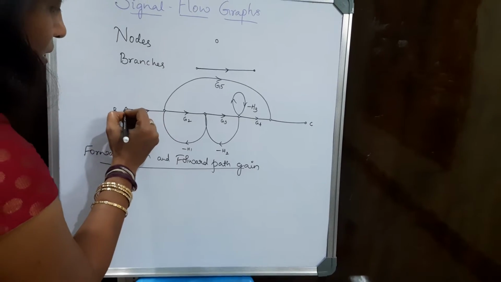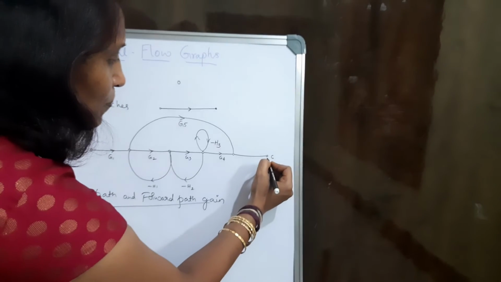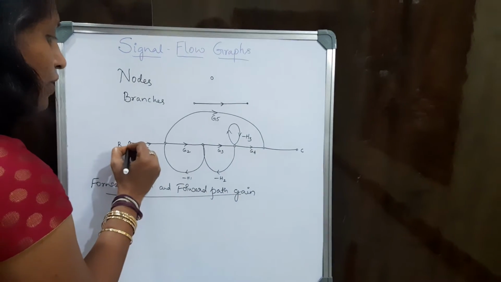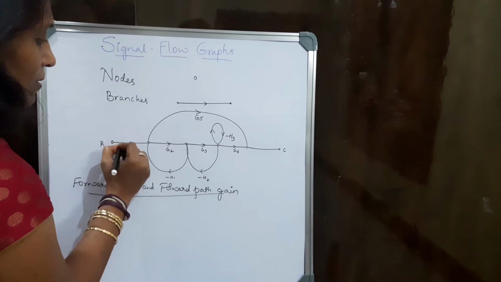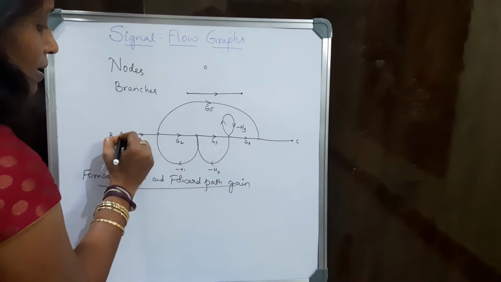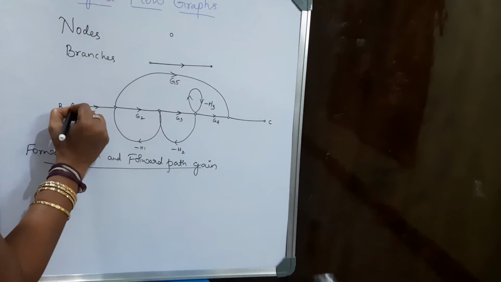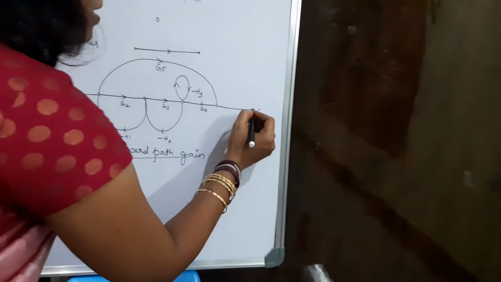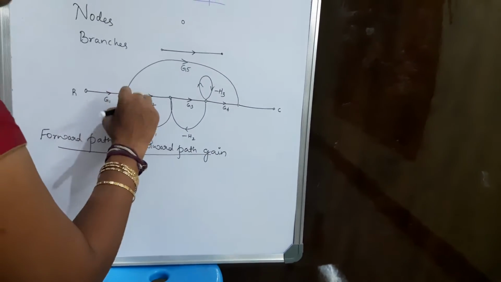Meaning, here this is the input node and this is the output node. We need to find a single path along which the signal flows from the input node to the output node without entering a particular node more than once.